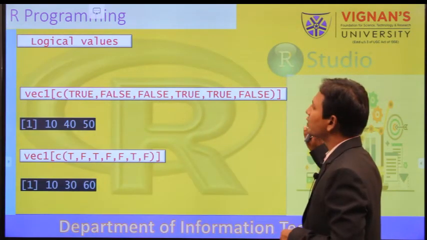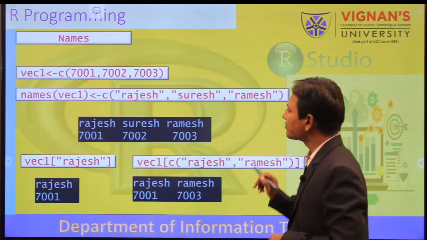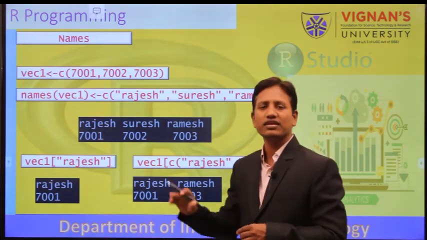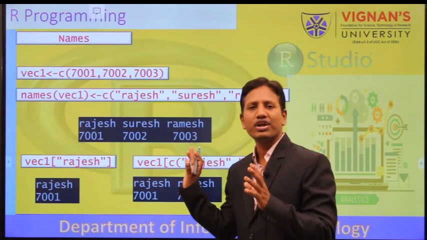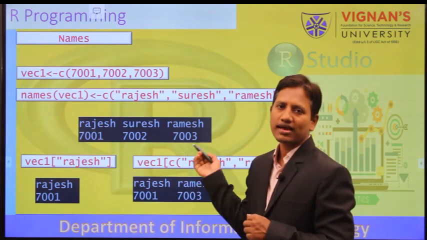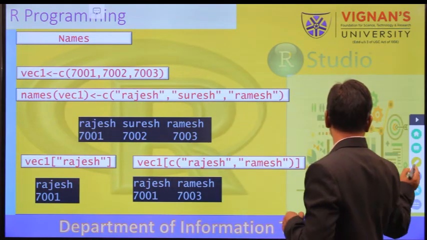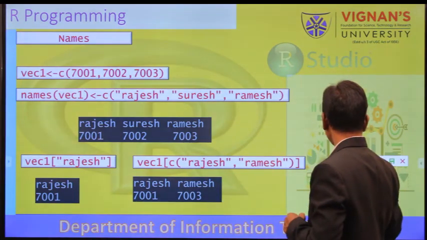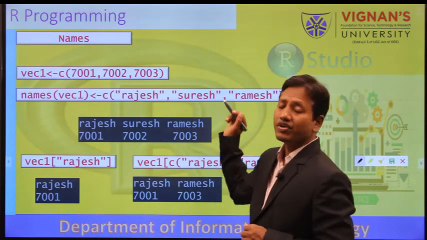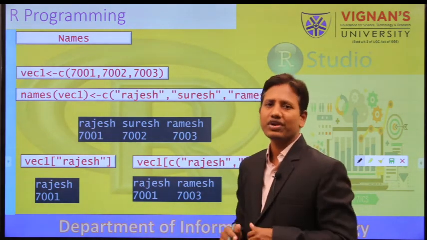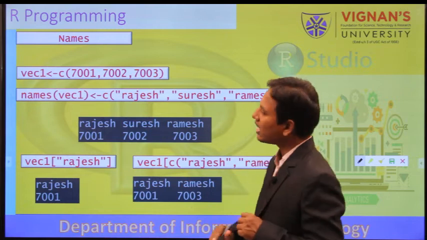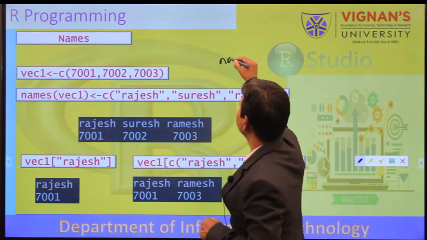Now we have the last way, that is the 6th different way to access the values, with the help of the names. When we were talking about data frames, we learned the function called names.